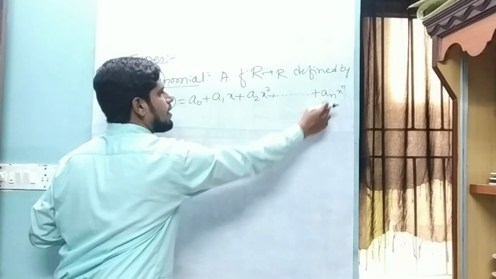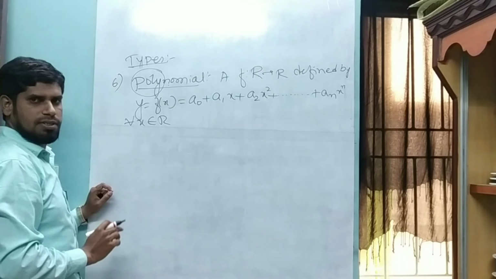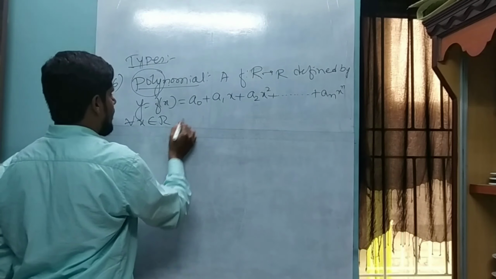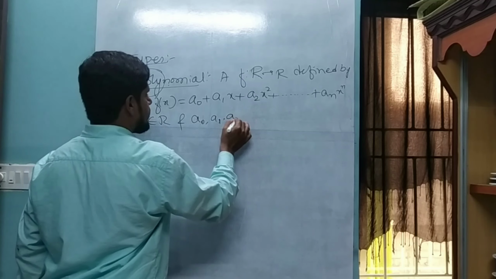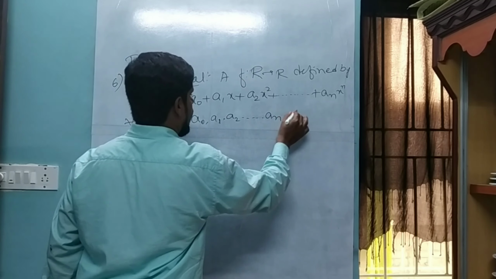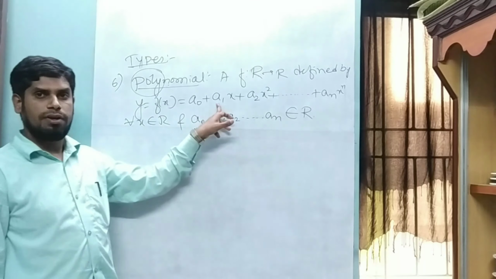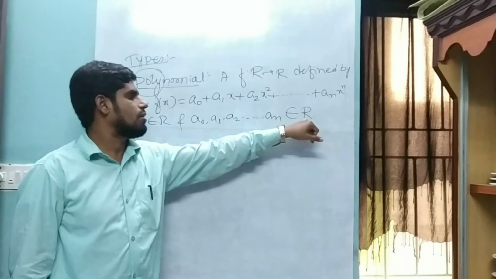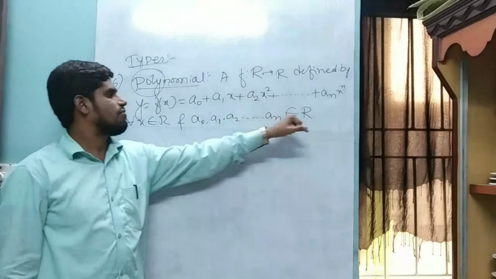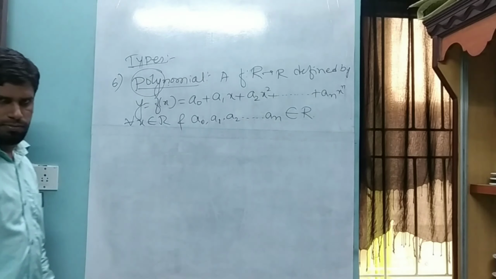Obviously x is a real number here, for all x where x values are from real numbers, and this a naught, a1, a2 dot dot dot an also belong to real numbers. This means a naught, a1, a2 dot dot dot an are constants, that is, they can be anything from real numbers. It can be positive, it can be negative, anything. So these kinds of functions are called polynomial functions.